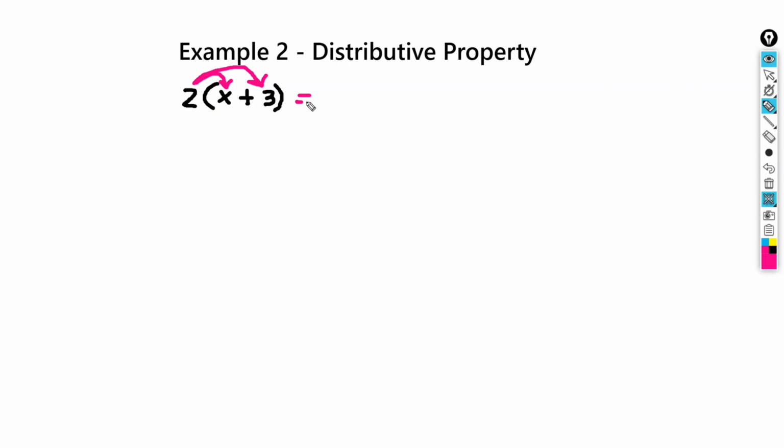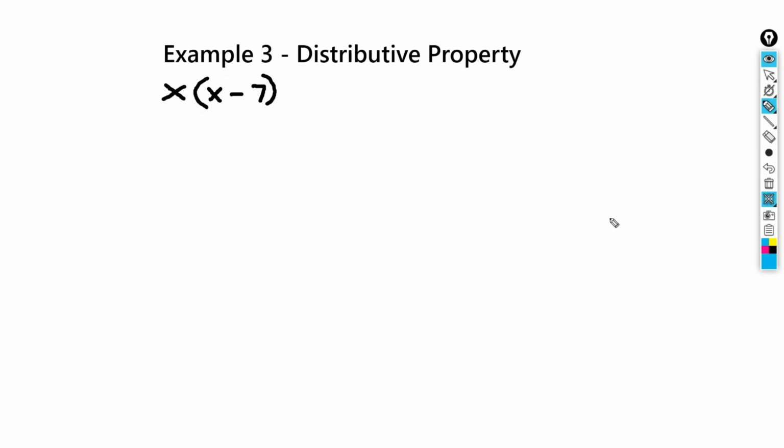And when we do that, we get 2 times x, which is 2x, plus 2 times 3, which is going to be 6. Okay, so we've simplified this now to 2x plus 6. So this is where the distributive property starts to shine. Let's continue looking at how the distributive property can help us simplify expressions in the next example.